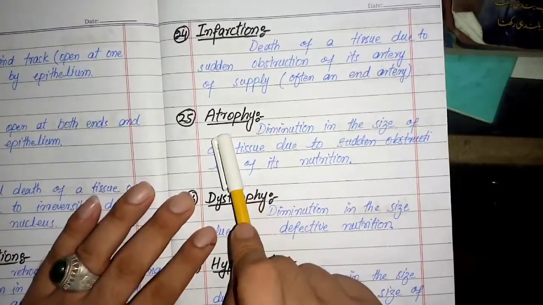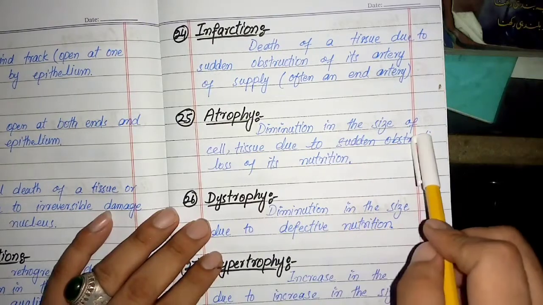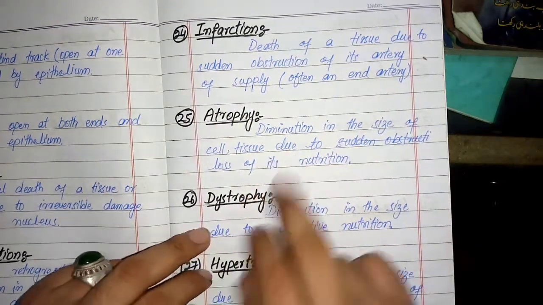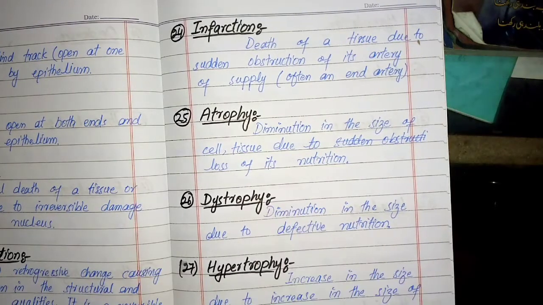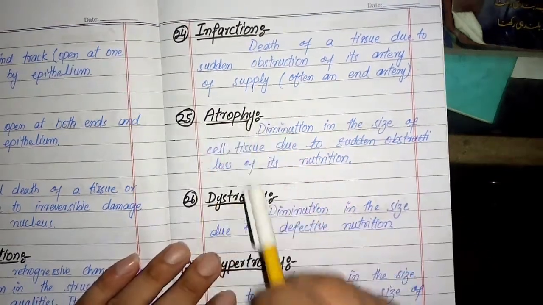And here is another term, which is atrophy. Diminution in size, meaning reduction in the size of a cell or tissue due to loss of its nutrition. Whenever there is not enough supply of nutrition to any tissue or cells and its size is reduced, this condition is called atrophy.